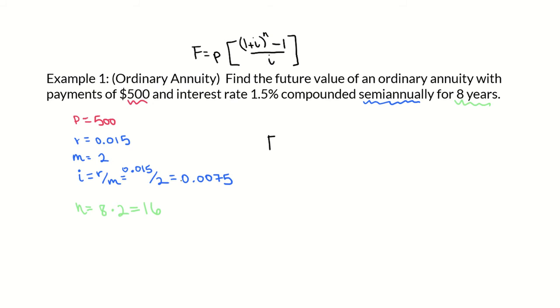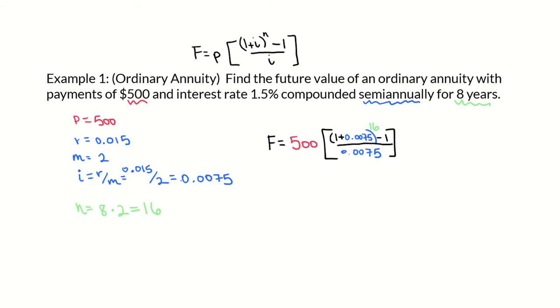So we get F equals P, which is 500, and that means that 500 is deposited semi-annually, so twice per year, multiplied by the quantity, 1 plus i, which is 0.0075, minus 1, over i, and then the quantity in the parentheses, 1 plus i, we raise to the n power, so to the 16th power.